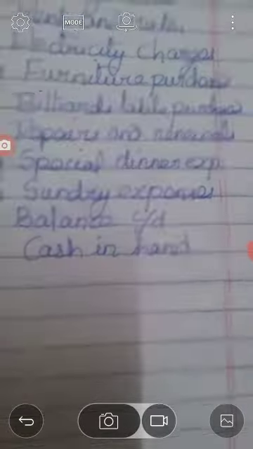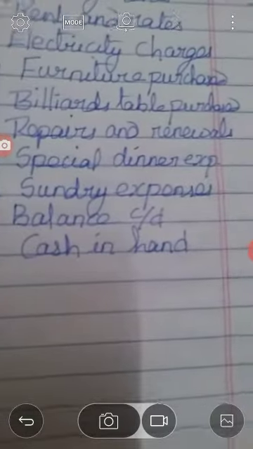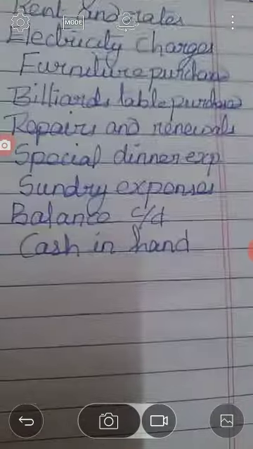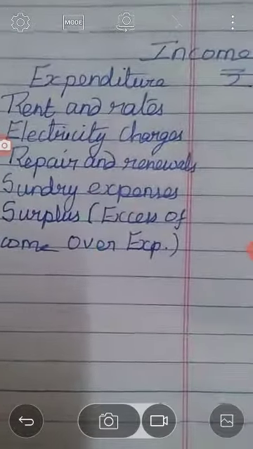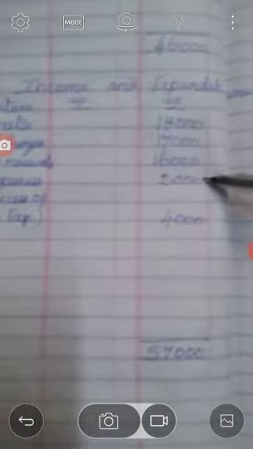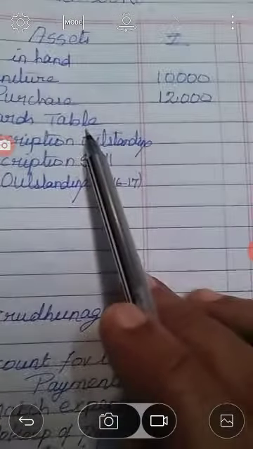Billiards table is shown on the asset side. On the expenditure side, sundry expenses 16,000 and repairs and renewals 2,000 should be shown on the expenditure side. Then billiards table purchased is a capital payment, shown on the asset side, 70,000.